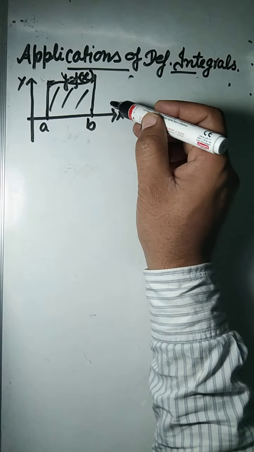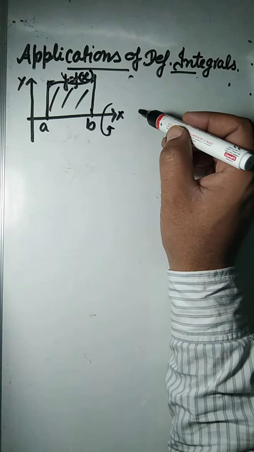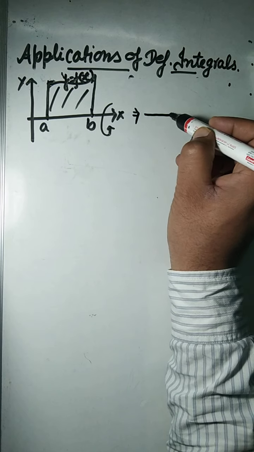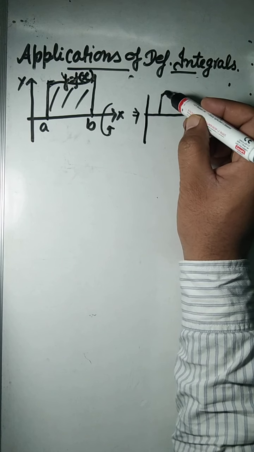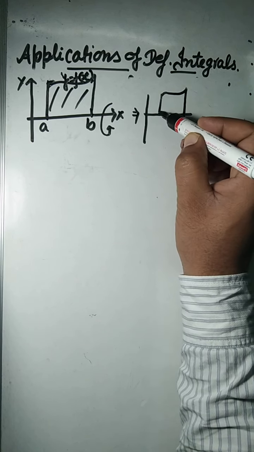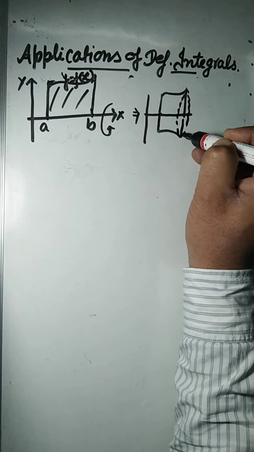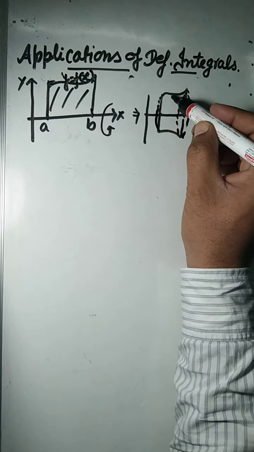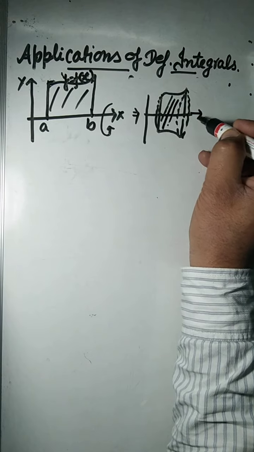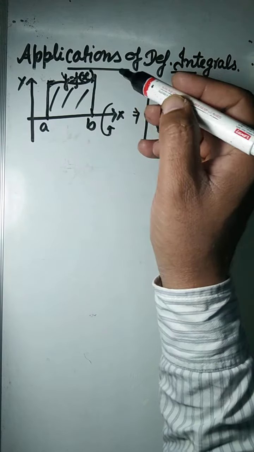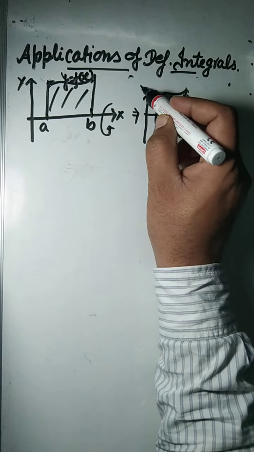If we rotate this curve y equals f(x) along the x-axis, we obtain a figure like this. It will be the solid generated by this curve along the x-axis.